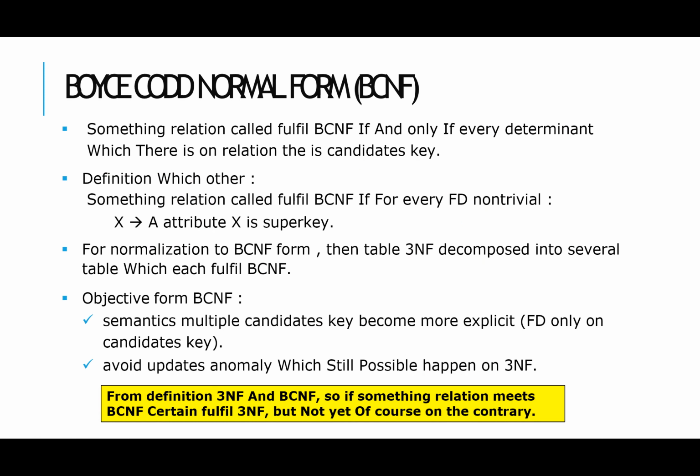So now is BCNF or Boyce-Codd normal form. A relation is called BCNF if and only if every determinant in the relation is a candidate key. Another definition: a relation is called BCNF if for every non-trivial determinant X implies A, attribute X is a super key.